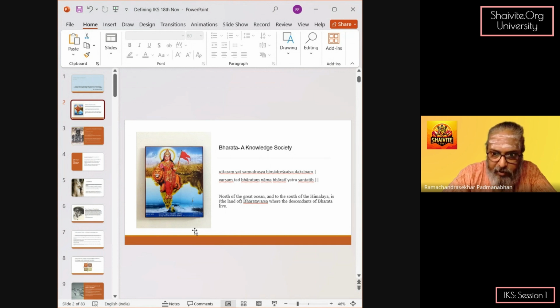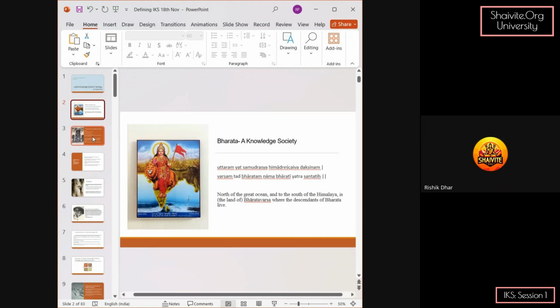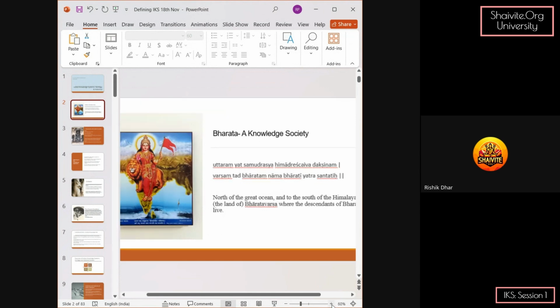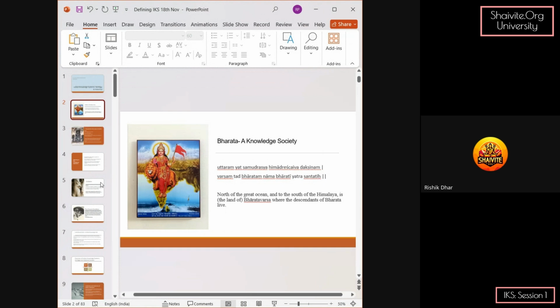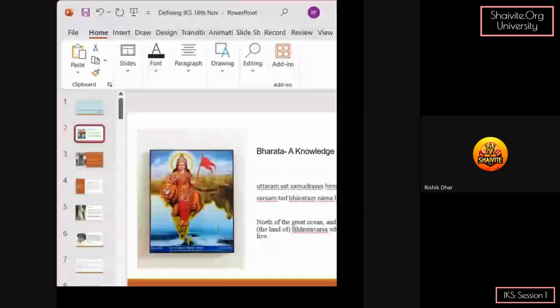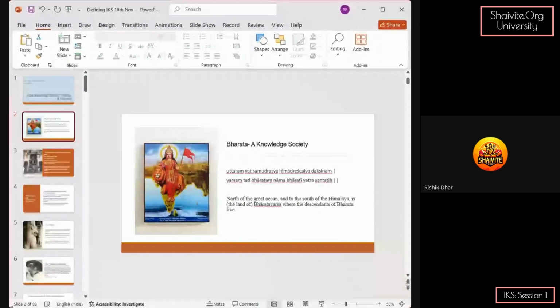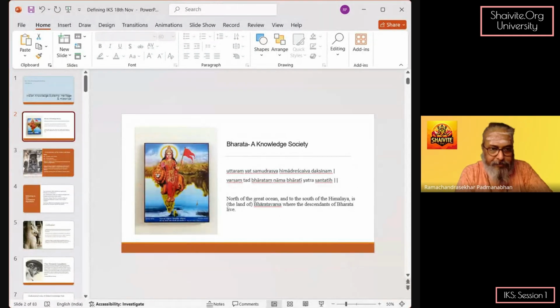Is whatever is coming up on the screen visible? Yes, it probably needs to be zoomed in a little bit, but that's because I'm on a smaller device. I think it is fairly reasonable. I'm very sorry, I just take some time to learn this.